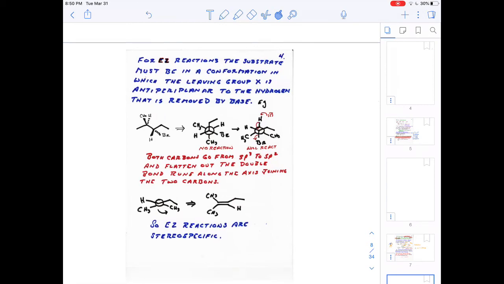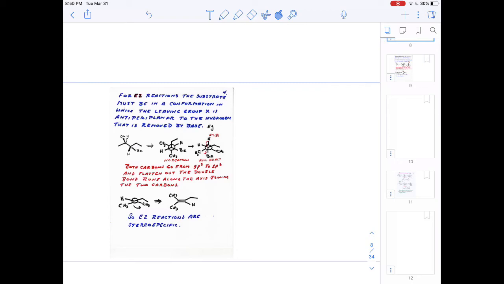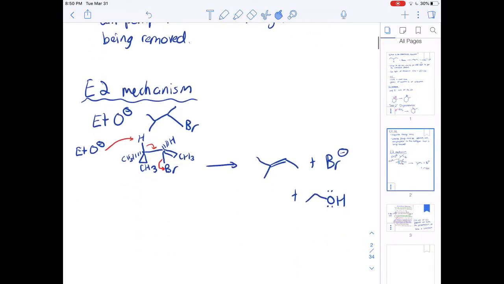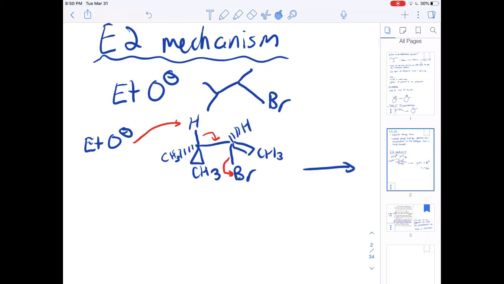Okay, so this is what I was getting at with anti-periplanar. E2 reactions must have the substrate in a conformation where the leaving group is anti-periplanar to the hydrogen that is being removed by the base. So let's go back to our E2 mechanism. In general, the base is going to remove a hydrogen, which is going to let the double bond form.